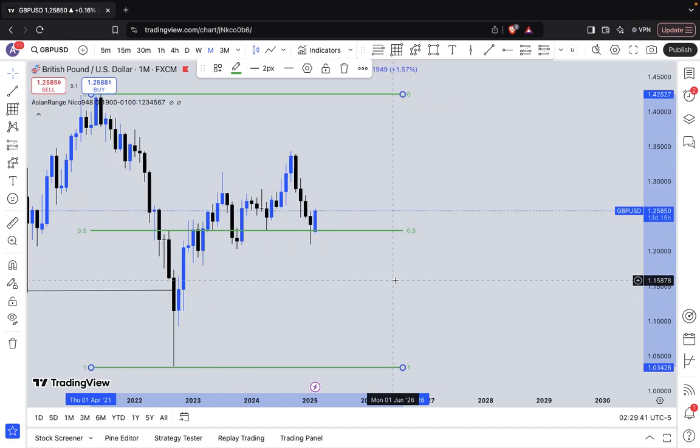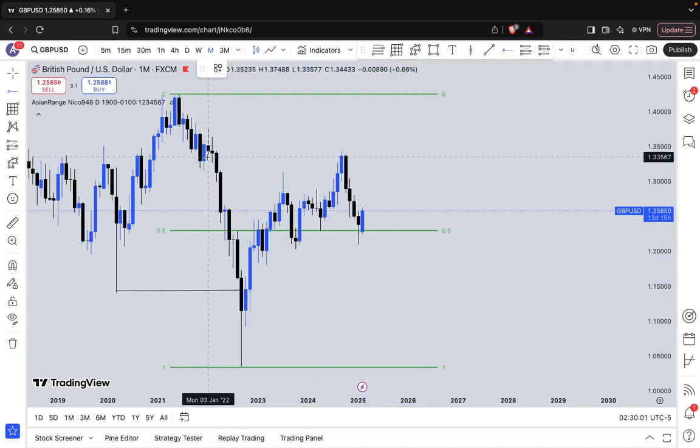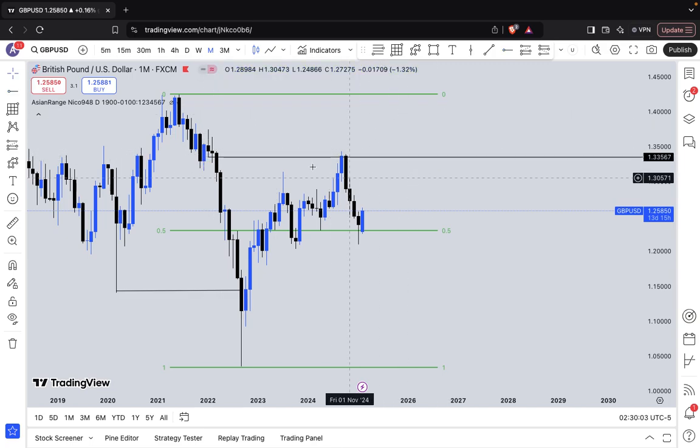Now when price moved, it went to this fair value gap. It gave us a little retracement, then returned to mitigate this order block. This is the order block. If you take a look at this internal structure, you can see that we have a low, lower high, lower low, lower high, lower low, lower highs.